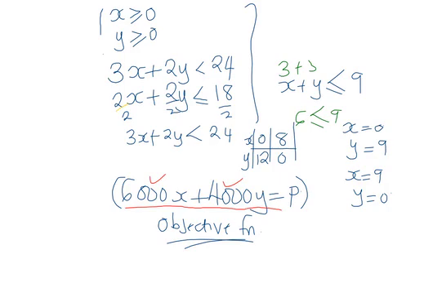So we have 6,000 being made on x cupboards and 4,000 being made on y tables.